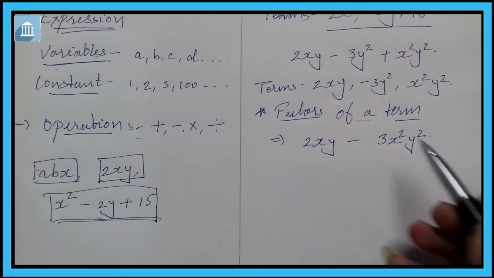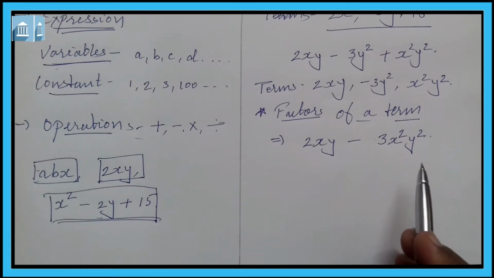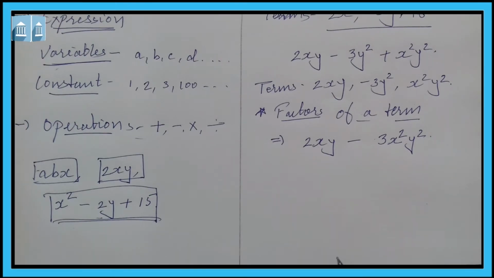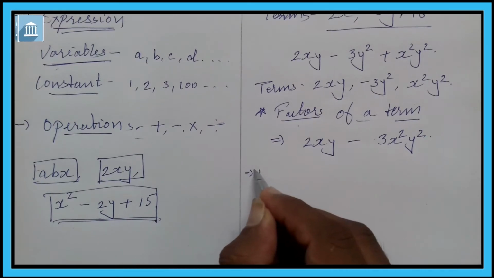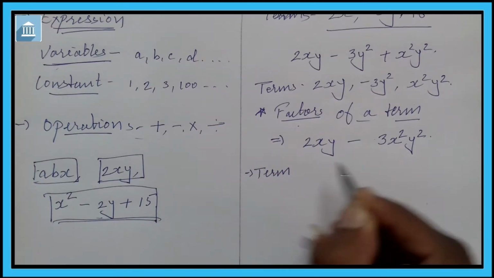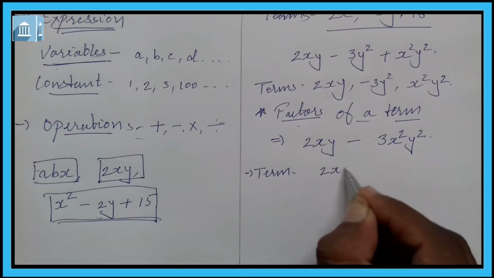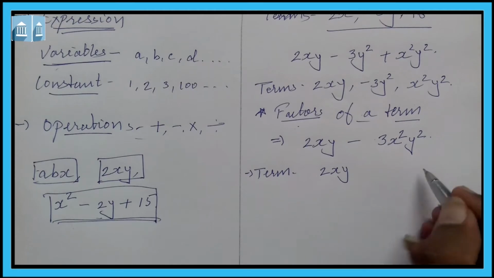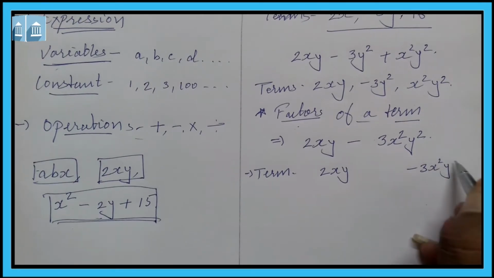Now we have to find the factors of the terms. To find the factors of a term, first we have to find the terms of the expression. The terms here, two terms are there, 2xy, and second is minus 3x square y square.